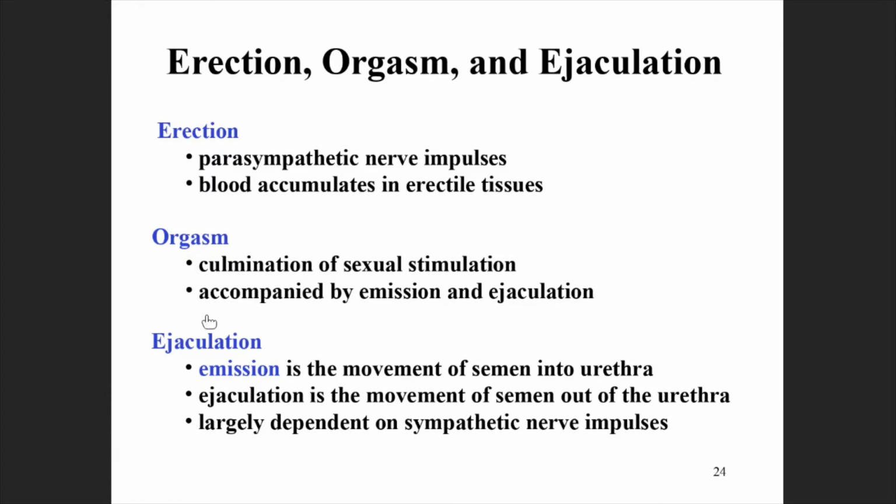That's when the sympathetic nervous system starts to cause the erectile tissue to constrict, thereby causing ejaculation. Okay, and ejaculation means that the semen now moves out of the urethra, but this is mediated by the sympathetic. Okay, so that's like point and shoot.